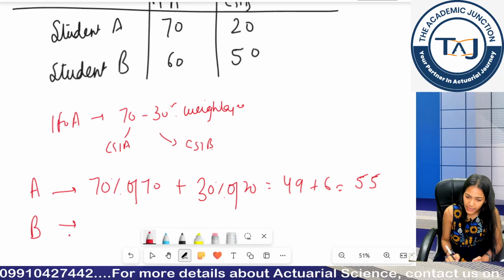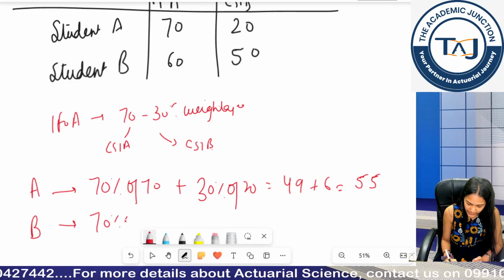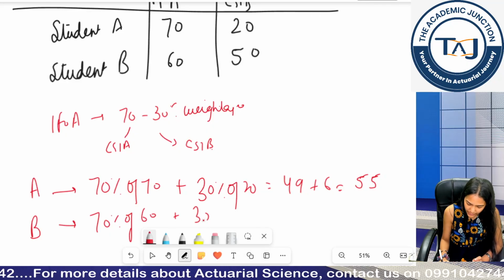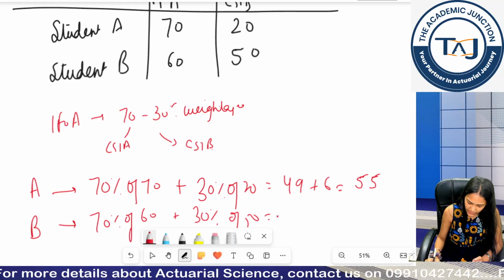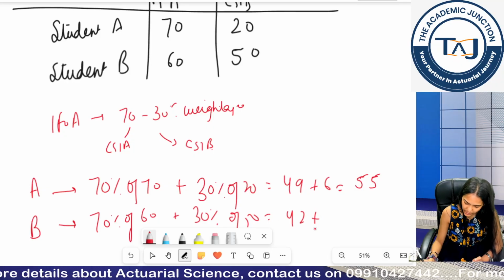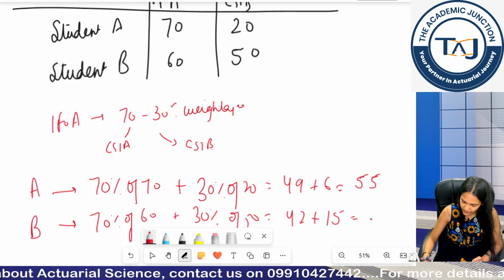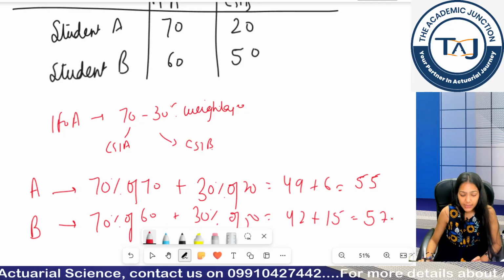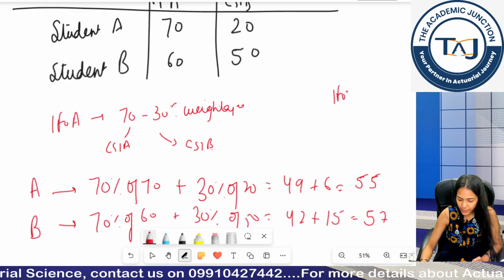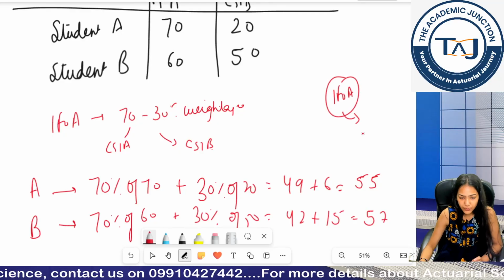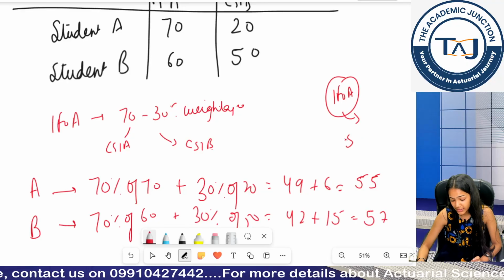Let us calculate the marks for student B as well. He will get 70% of 60 and 30% of 50. So 70% of 60 is 42 and 30% of 50 is 15, so the student will get 57 marks. Now for example, if IFOA gives its cutoff for CS1 for that attempt as 56.